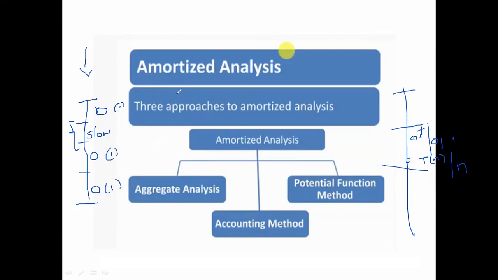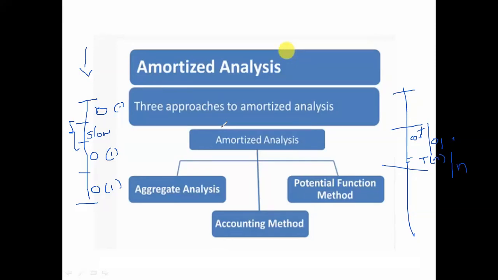So this is amortized analysis. We have to identify different operations and data structures. It is one strategy for analyzing a sequence of operations to show that the average cost per operation is small. That is amortized analysis.